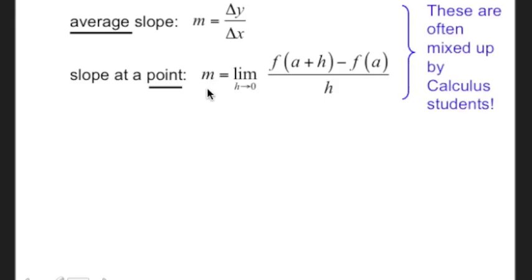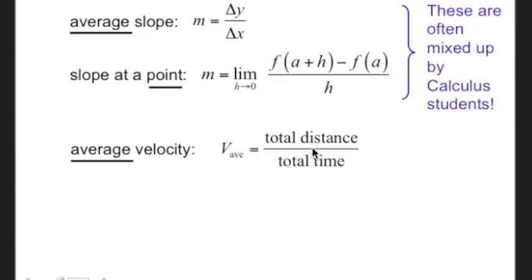Those 2 concepts are really often mixed up by calculus students. So when you see the word average, think 2 points. When you see the word slope at a point or instantaneous slope, think I have to take the limit. Likewise, if we relate this to motion, like in physics, average velocity is just like average slope.